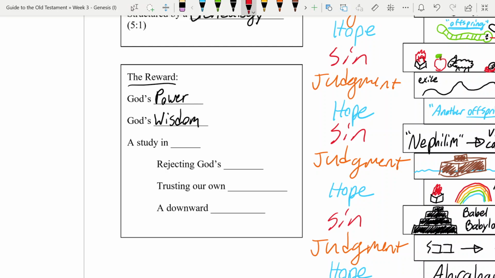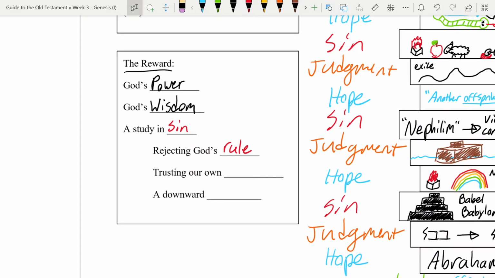We also get a really powerful study in sin in these chapters. So we see sin as rejecting God's rule rather than ruling the earth under him and submitting to him and helping the earth to flourish. It's trying to take his place, trying to be like him in a way that's inappropriate. We see sin as trusting our own wisdom instead of listening to what God says is good and evil; we take that into our own hands.